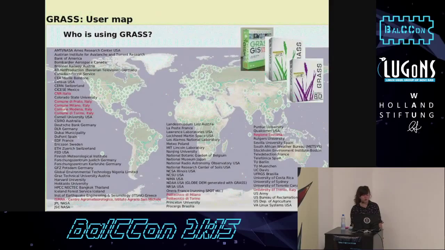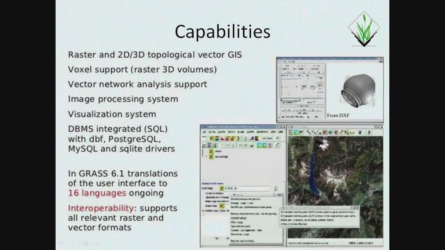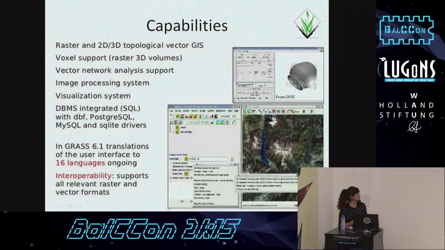Now let's talk about capabilities. GrassGIS can work with raster and 2D and 3D topology vectors, then voxel support, vector network analysis support, and an image processing system. We can visualize data, and GrassGIS is linkable to different types of databases like SQL, PostgreSQL, MySQL, and SQL drivers.